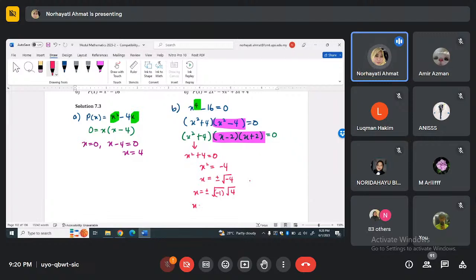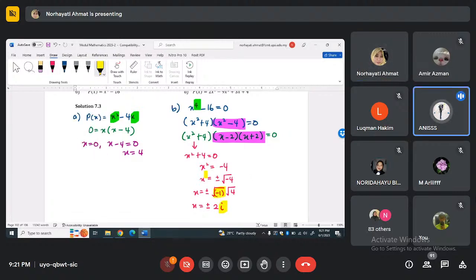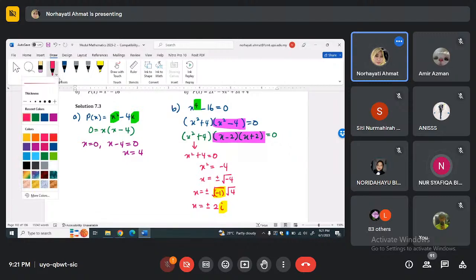Okay, this gives us plus minus, square root of 4 is 2. And square root of negative 1 is i. Alright? Boleh kelas? Boleh, Doktor. Alhamdulillah good. Terima kasih.